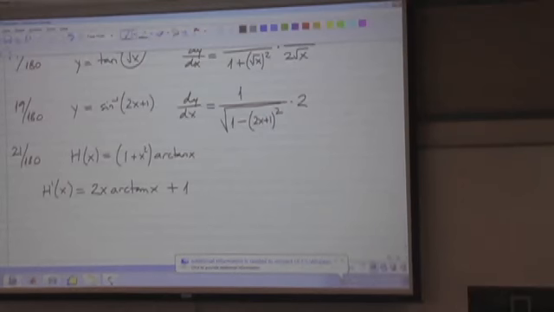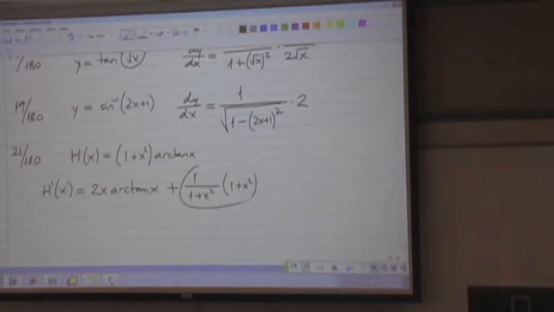And you multiply that by 1 plus x squared. Should I write it out? 1 over 1 plus x squared times 1 plus x squared. Well, this is just a fancy 1. Does that make sense? Okay.